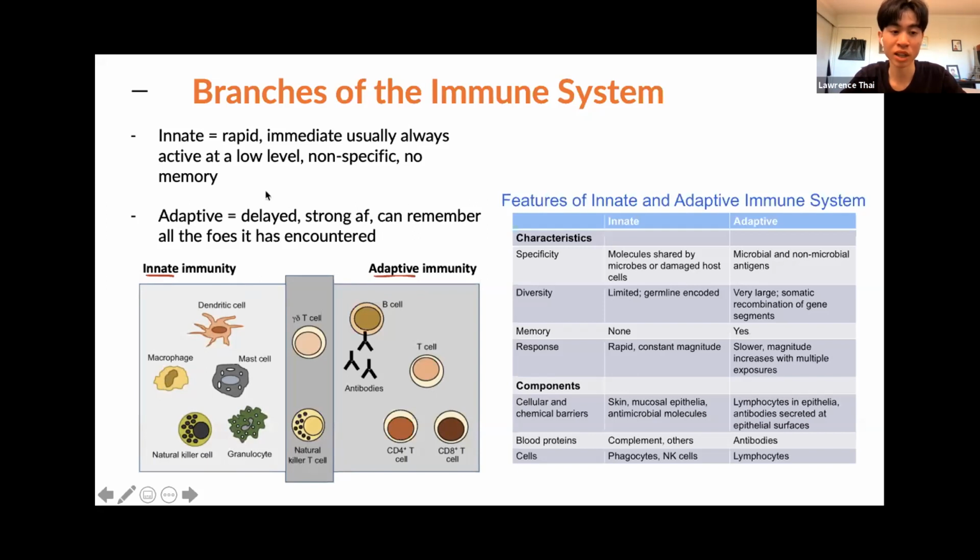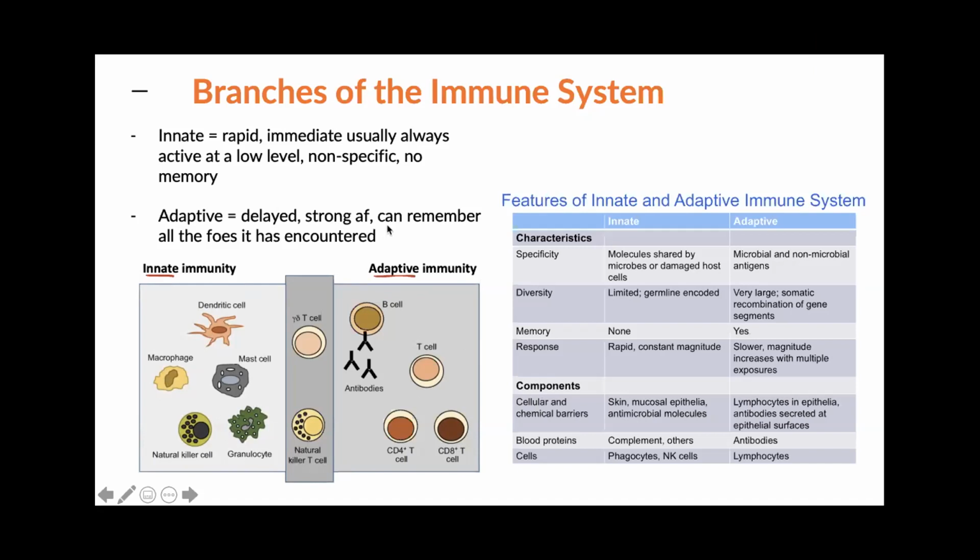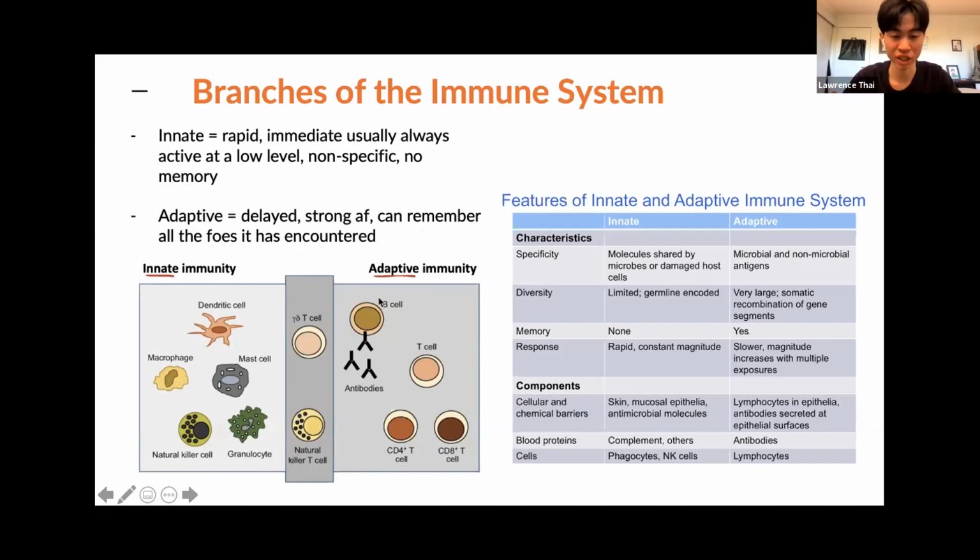Whereas adaptive is delayed, really strong, defends against specific threats, and can remember everything that it's encountered. And there's a crucial link between these two: your macrophages and your dendritic cells, because those are what we call antigen presenting cells, and they allow communication from the innate to the adaptive.